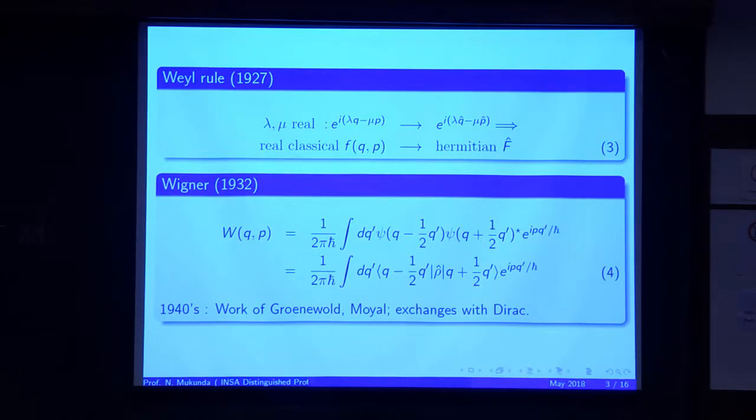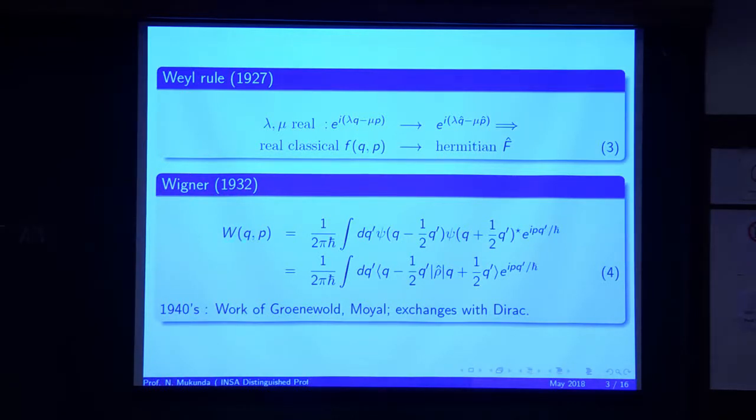A few years later, in 1932, Wigner found a way to represent density matrices or states in quantum mechanics by real distributions on the classical phase space of real variables Q and P. And these are the expressions he gave in 1932.